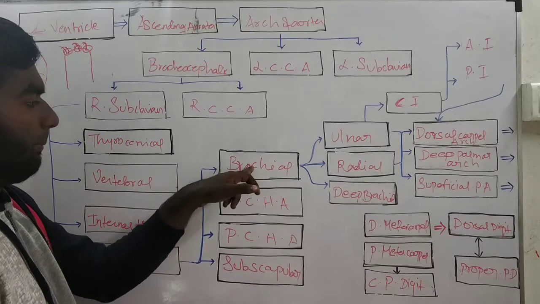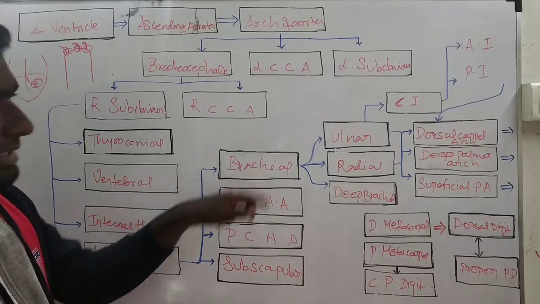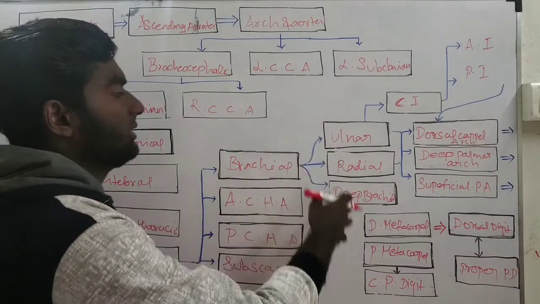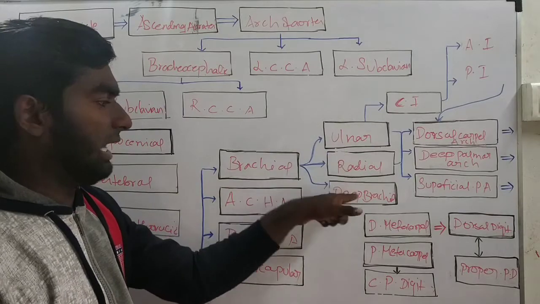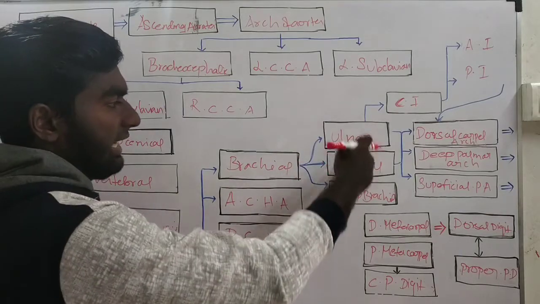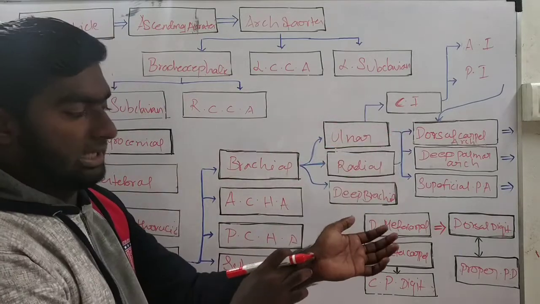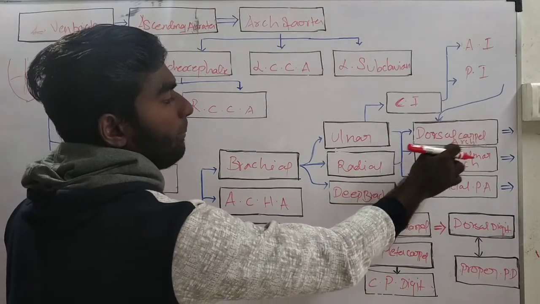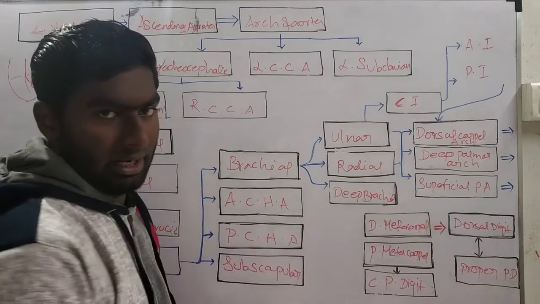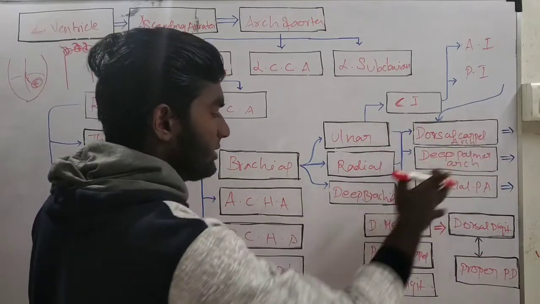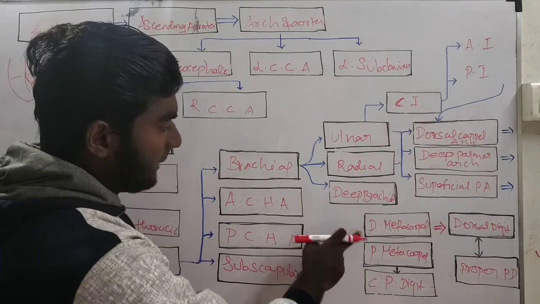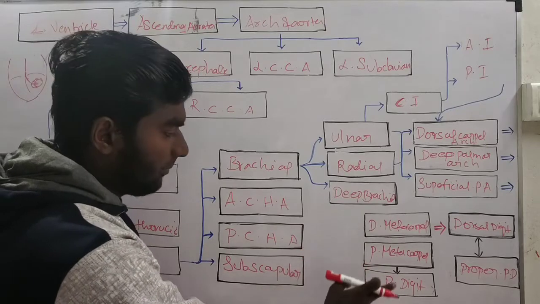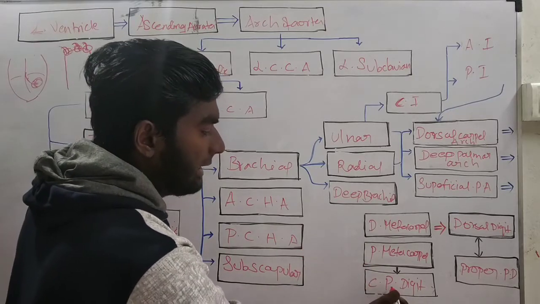Understand? From the brachial artery, it gives three arteries: the ulnar, radial, and deep brachial. The ulnar and radial anastomose together and give the dorsal carpal arch, deep palmar arch, and superficial palmar arch. These give the dorsal metacarpal, palmar metacarpal, and common palmar digits.